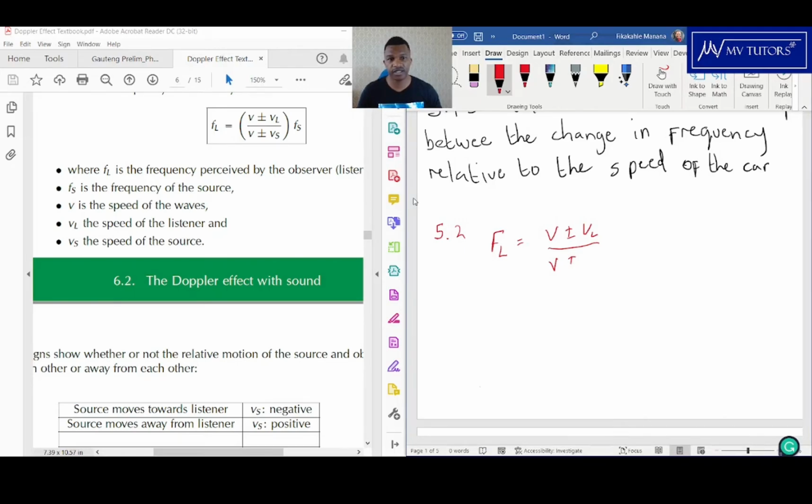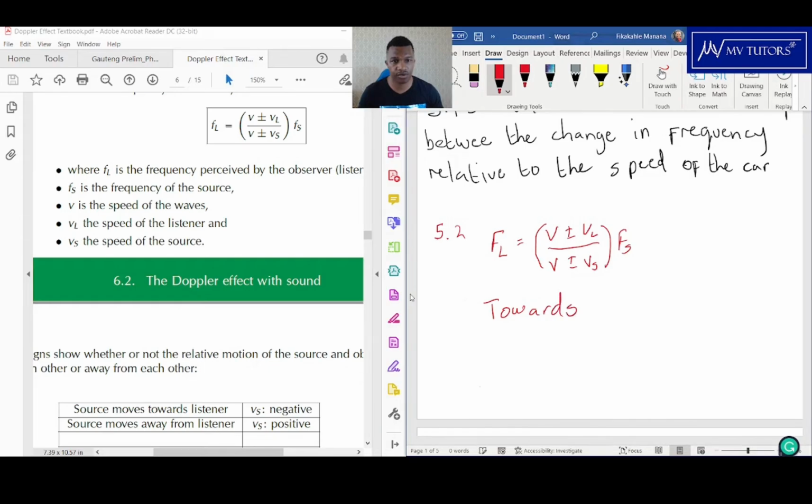Okay, this is the general formula. Let me just write the general formula, all of this multiplied by the frequency of the source. Now, the actual one that we're going to use, therefore, is the frequency of the listener. Let's say towards.